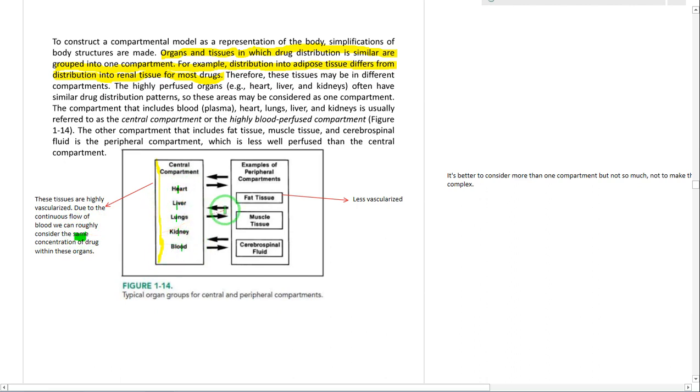On the contrary, we have the fat tissues. They are less vascularized, so we can say that less amount of blood is going to be flowing there, so less amount of drug is going to finally reach there.